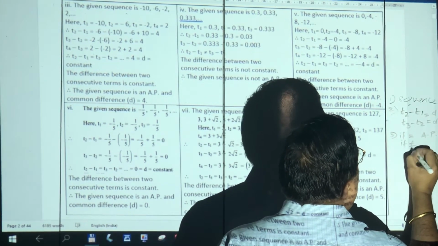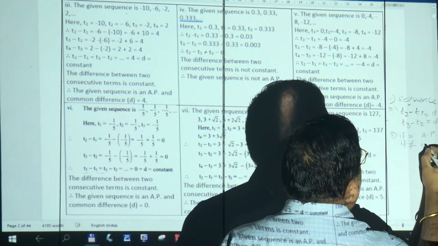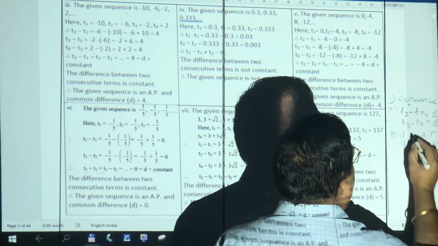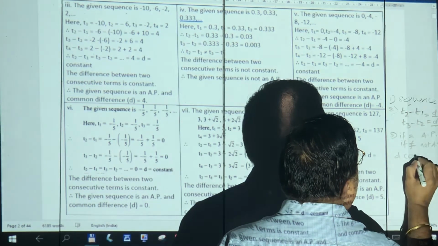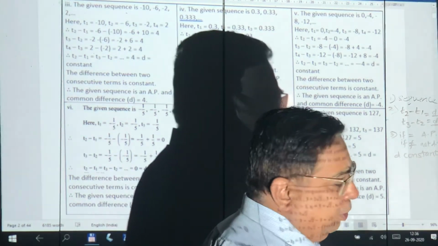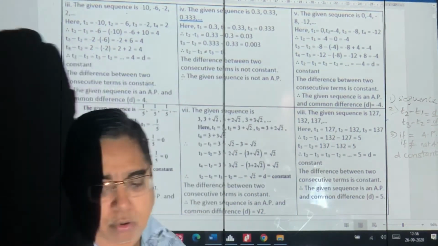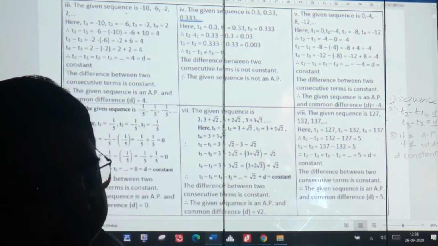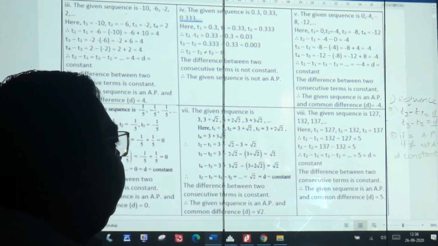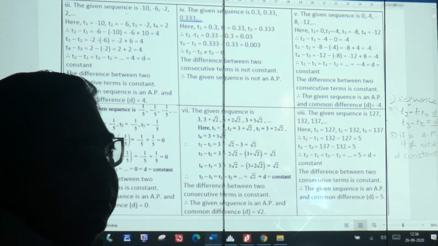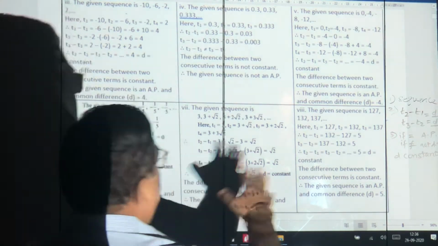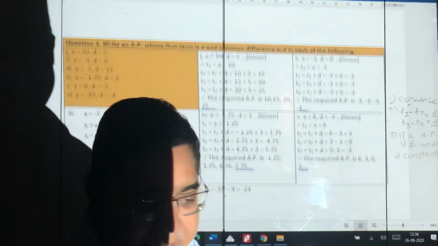If not equal, it is not an AP. And D has to be constant, my friends. Then only we can see further. So all sums will be done in the same manner, and you will be able to solve any sum of this type. Nothing great.